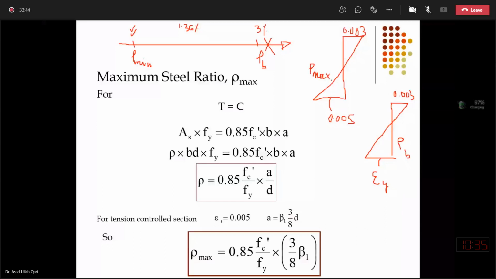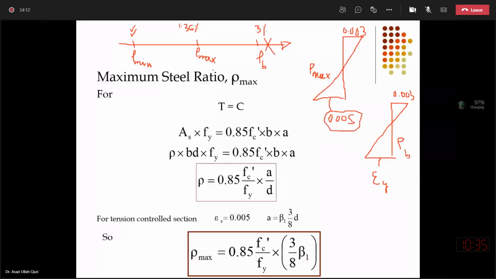All rho equal to or less than rho max will give us strains corresponding to crushing in concrete greater than or equal to 0.005. So rho max will fall somewhere over here. Very desirable behavior.